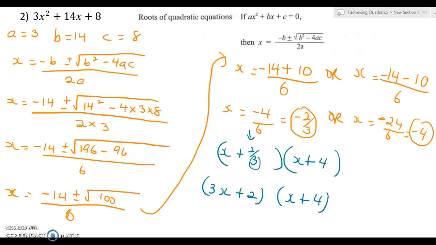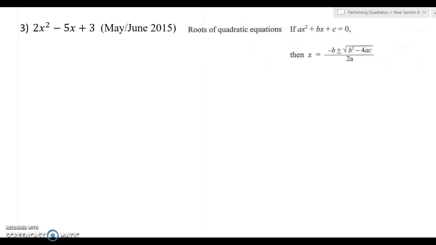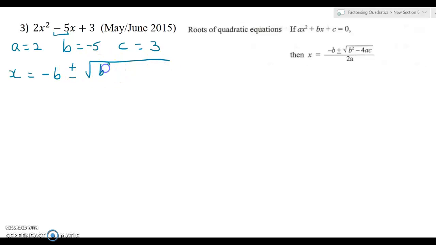So far, so good. And our last question, this is actually from May, June 2015. Let's put our values: A is 2, B here is minus 5, and C is 3, right? So let's use the formula. X is equal to minus B plus or minus the square root of B squared minus 4AC all over 2.